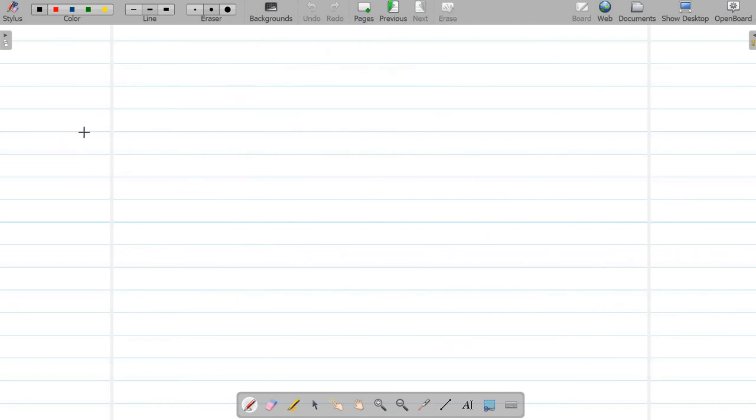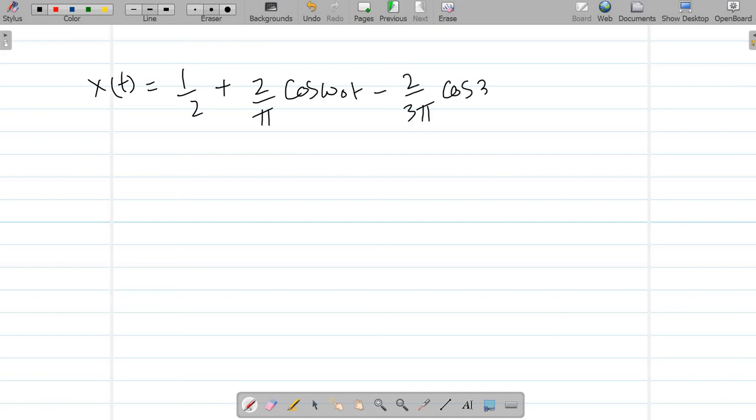Let us summarize. So x of t is equal to half, which is a naught, plus a1. a1 is nothing but 2 by pi cos omega naught t minus 2 by 3 pi cos 3 omega naught t plus 2 by 5 pi cos 5 omega naught t, and it goes on like this.